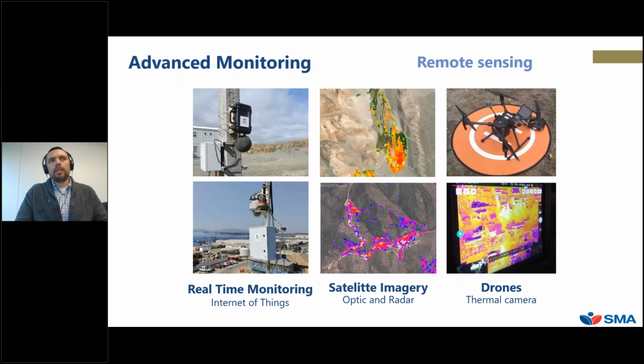We have also developed capabilities in advanced monitoring and analytics. For this, we use real-time monitoring, the Internet of Things concept, and satellite imagery. We use optical and radar images, and we also use drones. We have a thermal camera to identify emissions.